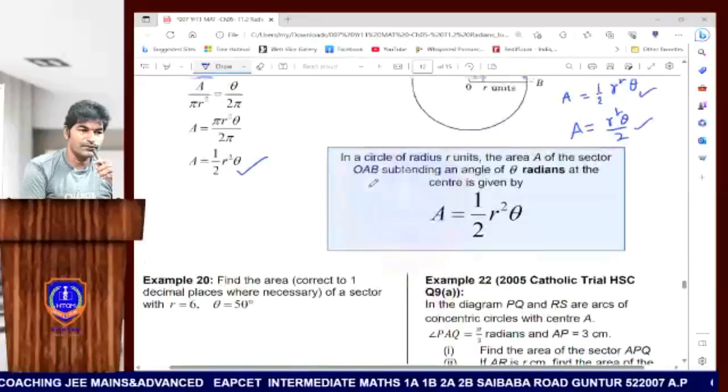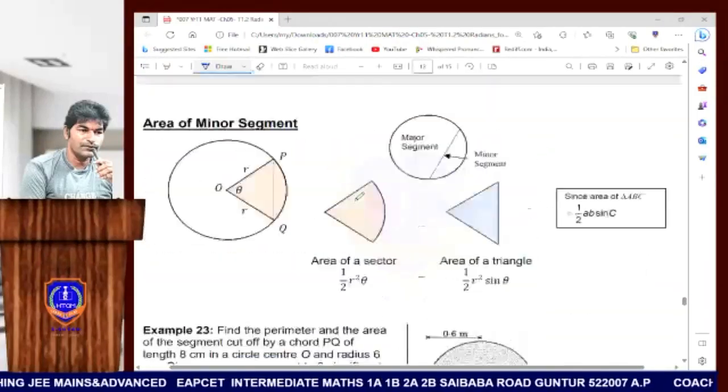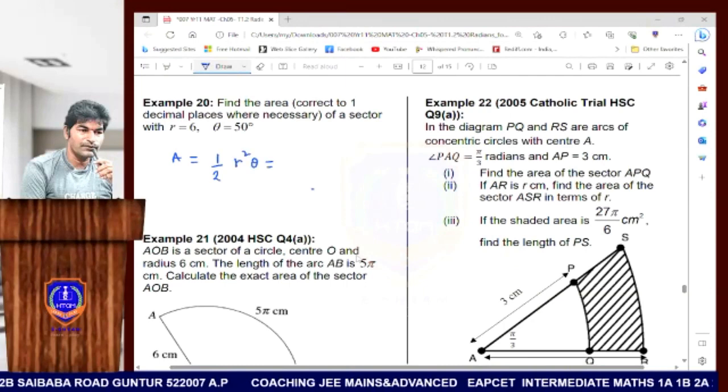Now, using this formula, we will solve these questions. Find the area, correct to 1 decimal place where necessary, of a sector where r equal to 6 and theta equal to 50 degrees. What is the formula for area? 1 by 2 r square theta.